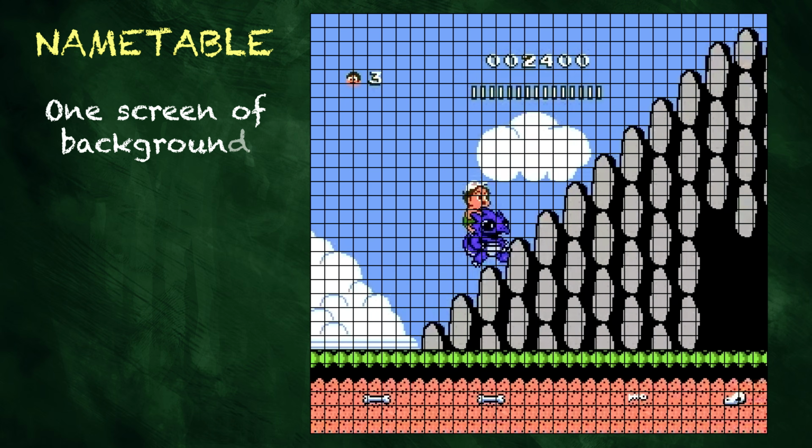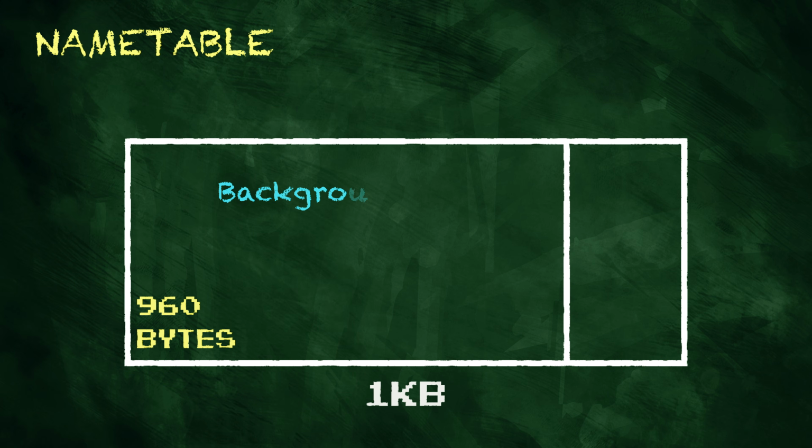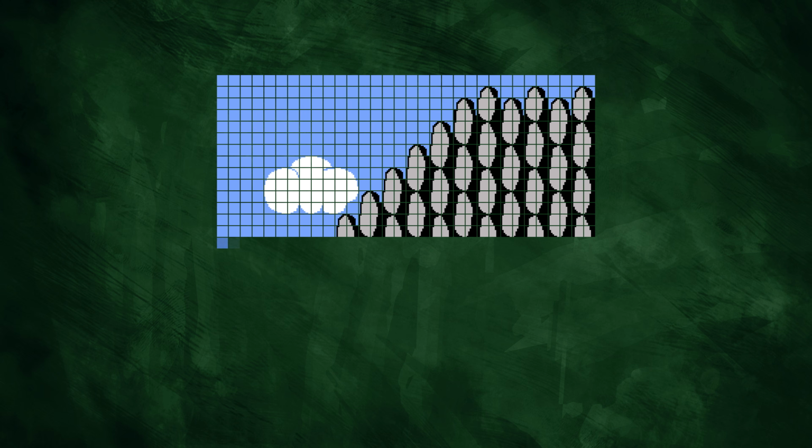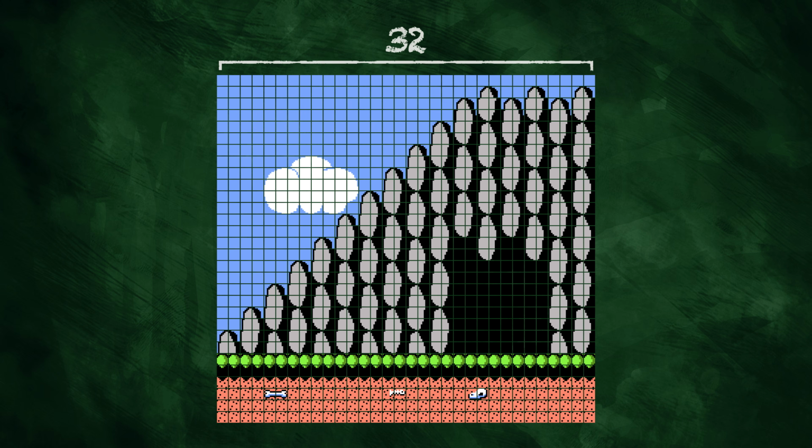One name table is equivalent to one screen full of background tiles, and each name table takes up 1 kilobyte of memory. The first 960 bytes reference the background tile that should be displayed, starting at the upper left corner and painting horizontally down to the lower right corner. Because there's 32 background tiles in each row and 30 rows of tiles, there's 960 total background tiles on the screen.